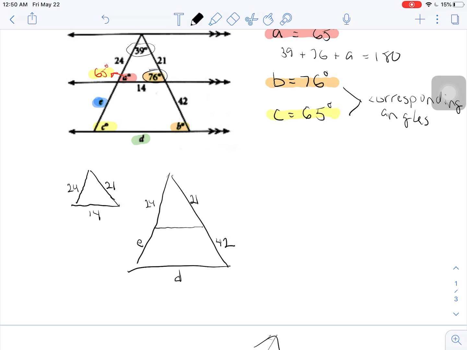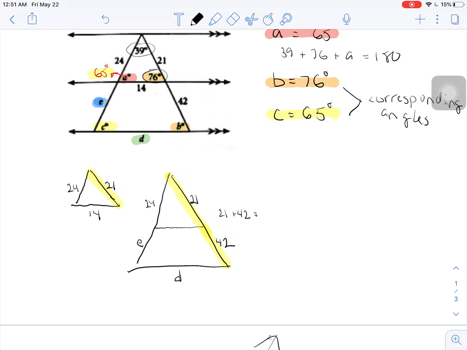The thing we have to be careful of is the sides of the triangle. This is the right side of the little triangle. The right side of the big triangle is not just this, it's the whole thing. Because the side is being given to you in two parts, you're going to have to add those numbers together to get the total length of the side.